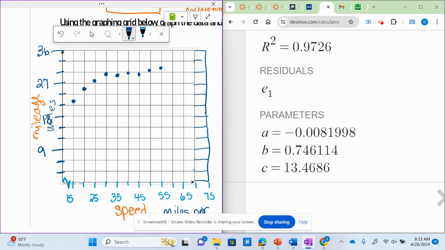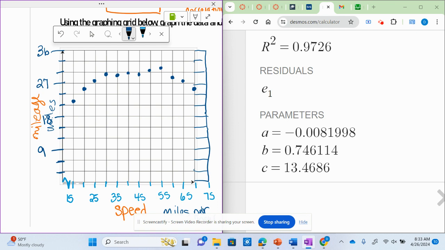That's right above the 30 again. 60 is at 28. So I'm dropping down right in between 27 and 30. 65 is at 27.4. So I'm going to go right above my 27. 70 is at 25.5. I'm going to put that right in between my 24 and my 27.